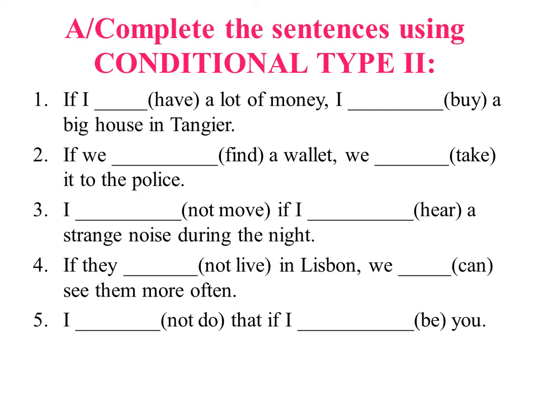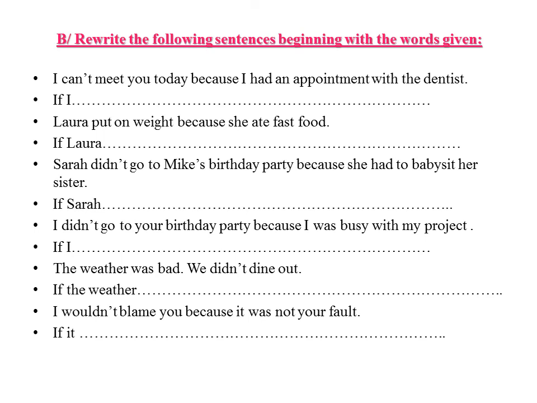Or I can also have subject plus would plus infinitive plus if plus simple past. It depends on the sentence. Next exercise, you are going to rewrite the following sentences beginning with the words given. So you are going to read the situations you have and form conditional type 2 from the situations.